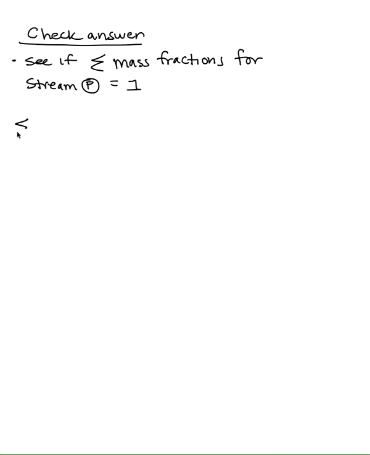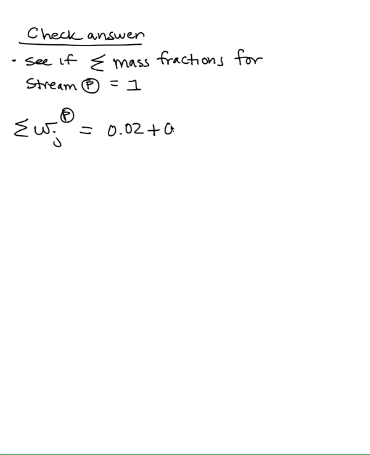So the sum of the mass fractions of the components of stream P is, okay, it's going to be 0.02. We knew that from before, that 2% was dextrose.